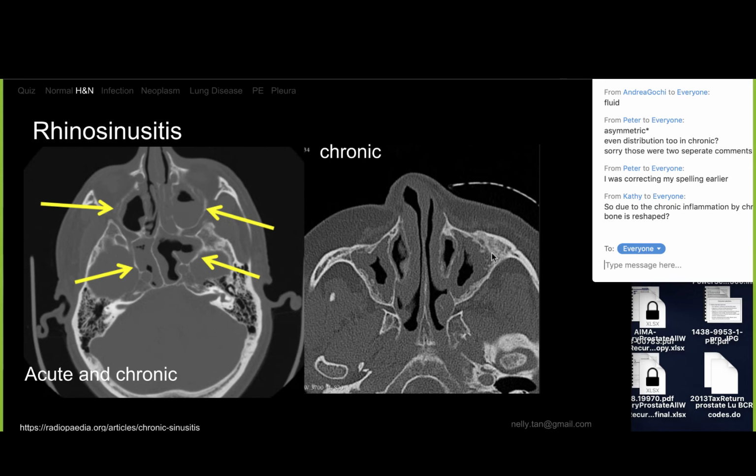You sort of lose the normal air, the cavity, the space, so it does get a little smaller. But we don't really think about reshaping. It's more the changes that happen in the bone, which is we get neo-osteogenesis and sclerotic changes with chronic versus acute, where we don't see the underlying bony changes because it takes time for the bony changes to happen.